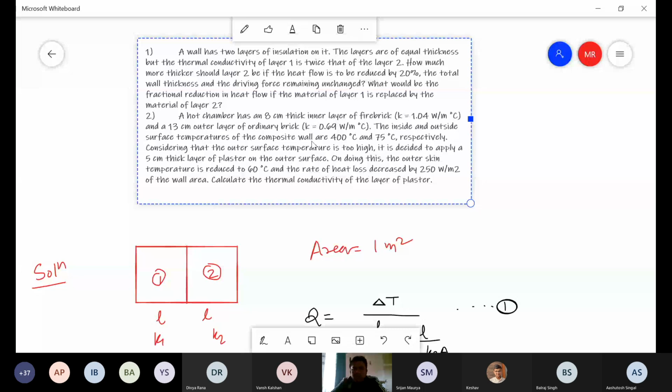So now the question is what is the thermal conductivity of the plaster layer if the thickness of the plaster layer is given as 5 centimeter? That is the problem. Now in this particular question, let me just write down the equation again.